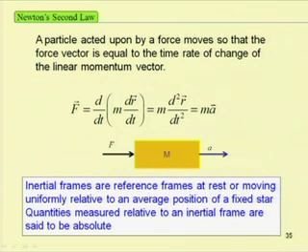Let this mass m be acted upon by an external force F, and an acceleration a is produced in the system. According to this second law, F will be equal to the time rate of change of linear momentum.